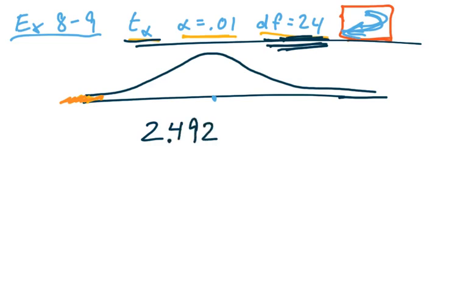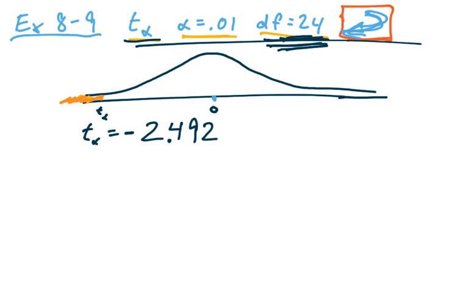Here it is a left-tailed test, so it might be helpful to remind us that this is a left area, therefore our t value is over here on the left side of the graph. Remember, 0 is the mean for this distribution. So our t subscript alpha is equal to negative 2.492.